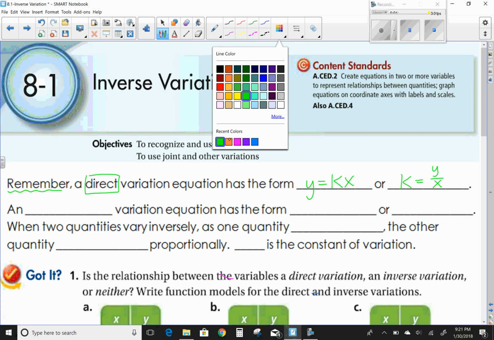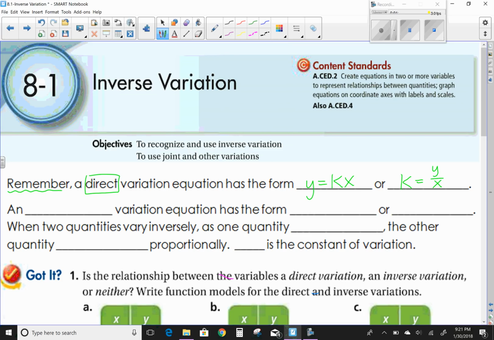Now, we're going to talk about something called inverse variation. An inverse variation is an equation that has the form y equals k over x. Or if I solve that for k, it would be k is equal to xy. I multiply the xy values to get that constant.